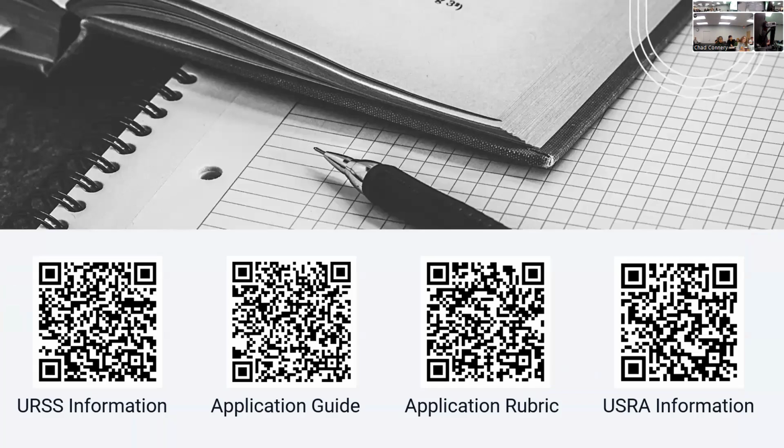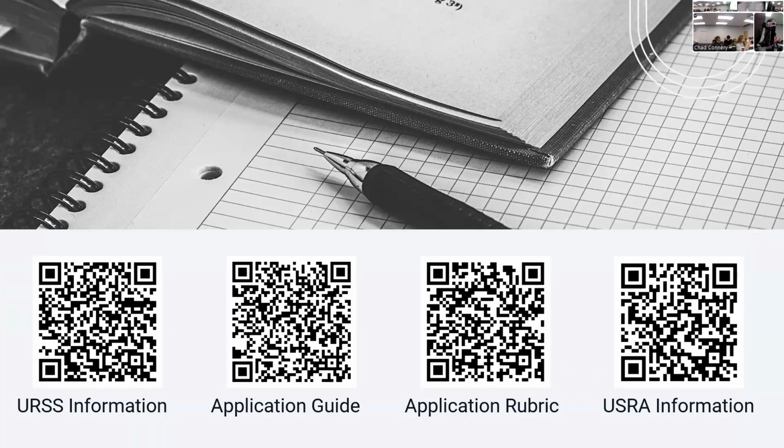So finally, these are some of the QR codes to some of the things I talked about. The first QR code is just the information about URSS. The second one is the application guide. That's a very helpful guide that takes you through the different parts of your application, what to focus on, and what to do. The third one is the rubric. This is how your application will be evaluated.